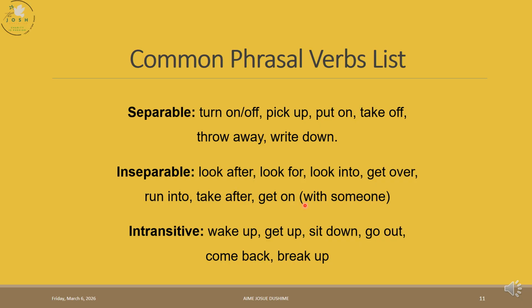Remember when we learned the different uses of get, we understood that we can use it as a phrasal verb to have a good relationship with someone, say to get on or to get along. We have the intransitive phrasal verb examples of the verbs that we can have: wake up, get up, sit down, get out, come back, break up. In this case, they don't need an object.